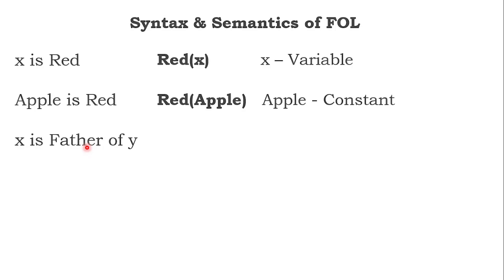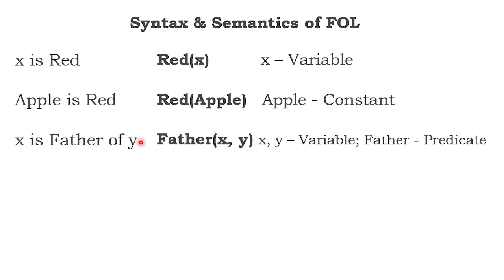Now whom am I talking about? I am talking about X as well as Y, and I am trying to say X is the father of Y. So here the predicate is father, which comes outside. X is a subject, and Y is also a subject. So whenever I have two subjects, the syntax is father(X,Y).